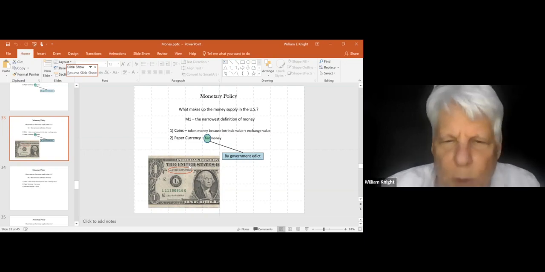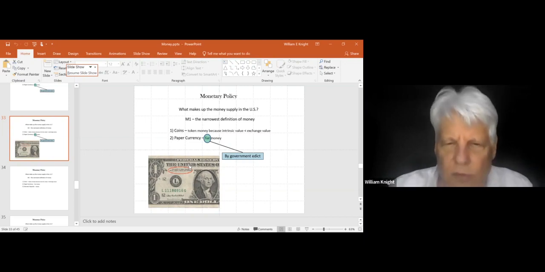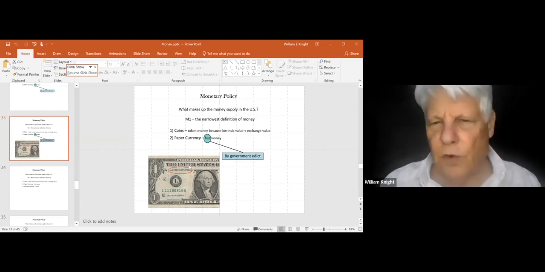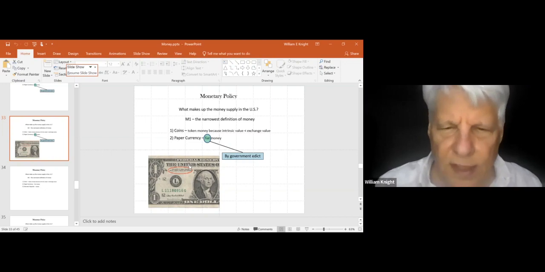Why then do people accept dollars, just like Mark was asking a few minutes ago? Why do they accept these intrinsically worthless pieces of paper in exchange for something that's worth $1 or $10 or $100 or $1,000, whatever it is? Why do they do that?